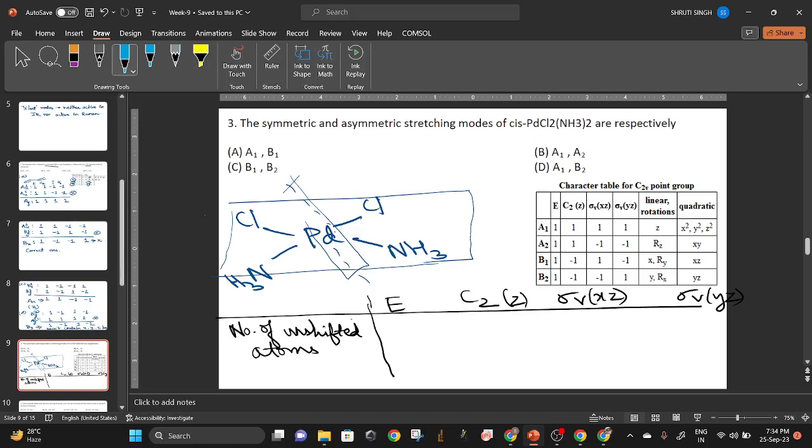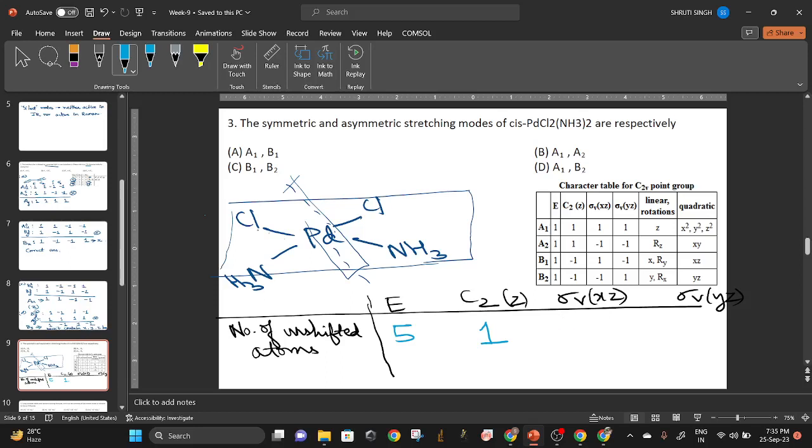Okay, so for E, what will be the number of unshifted atoms? 5. For C2(z)? 1. What is that atom? Palladium. And then sigma v? Take a minute.